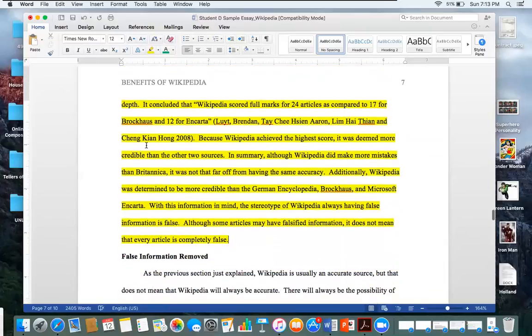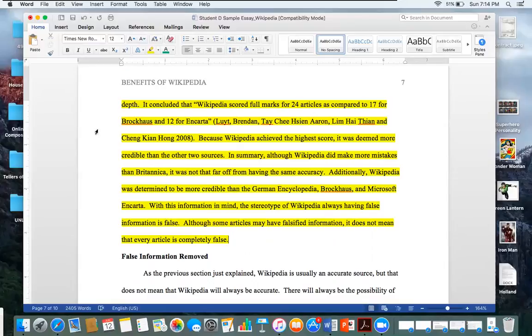It concluded that, quote, Wikipedia scored full marks for 24 articles as compared to 17 for Brockhaus and 12 for Encarta. Because Wikipedia achieved the highest score, it was deemed more credible than the other 2 sources. In summary, although Wikipedia did make more mistakes than Britannica, it was not that far off from having the same accuracy.